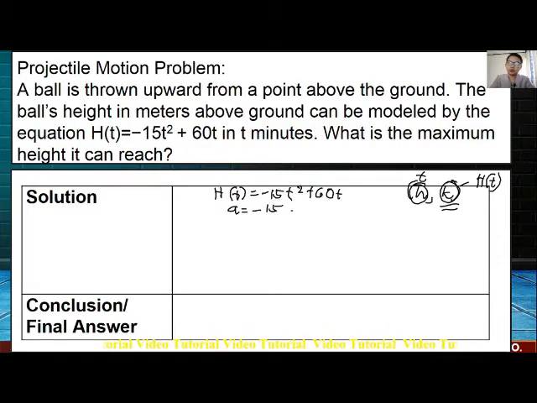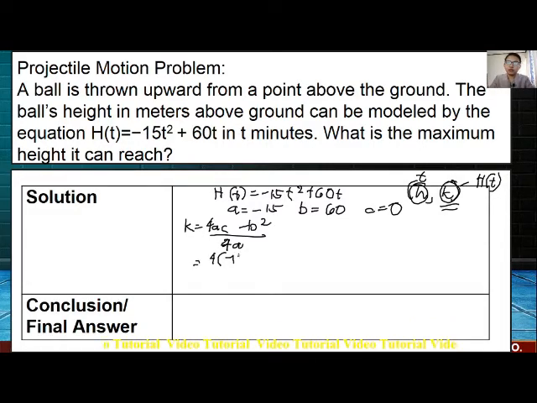So a is negative 15, b is equal to 60, c equals 0 because there is no constant. K is equal to 4ac minus b squared all over 4a. Now substitute 4 times negative 15 times 0 minus 60 quantity squared all over 4 times negative 15.